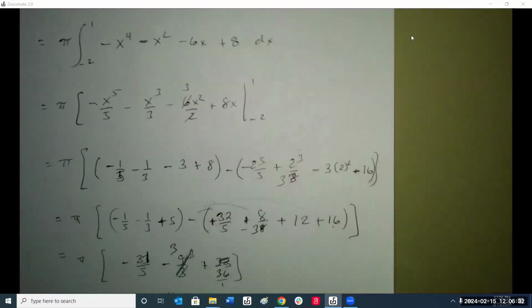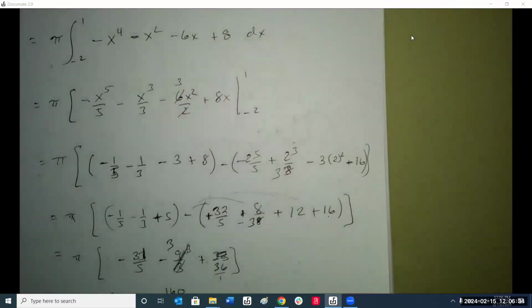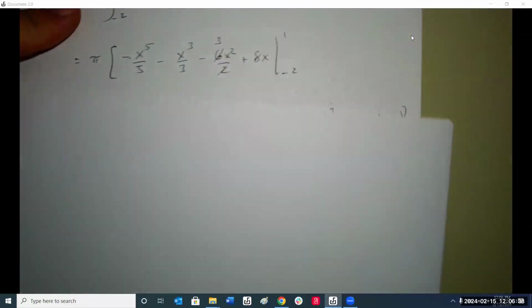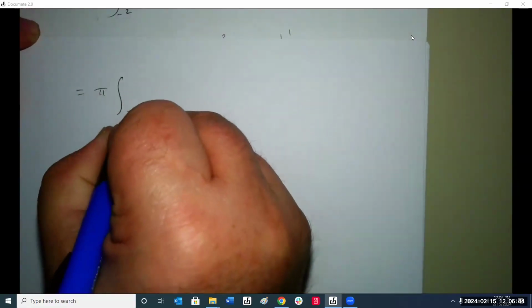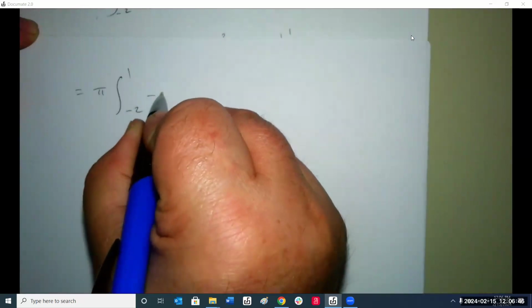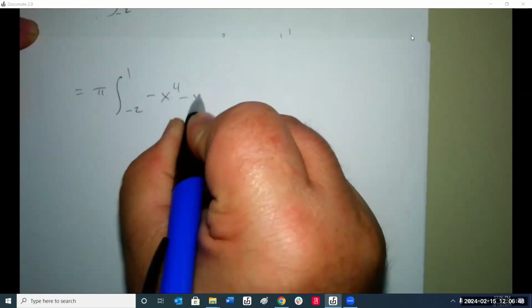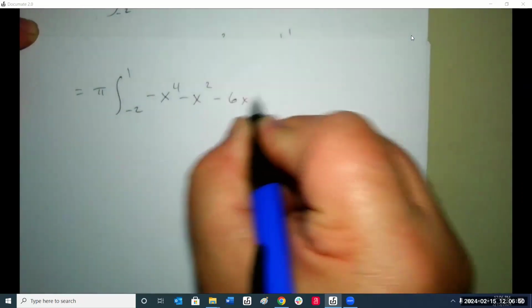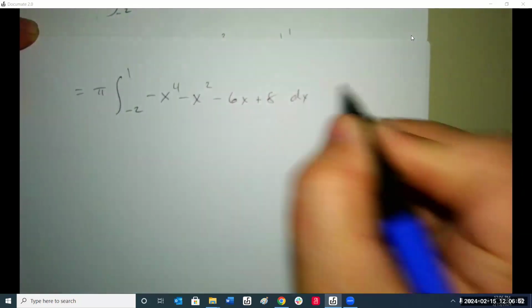Oh, it's the constants. Okay, let me start from this point. Negative x to the fourth minus x squared minus 6x plus 8 dx.